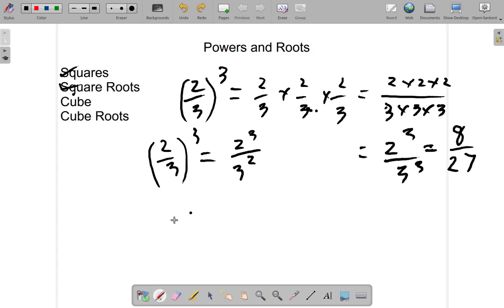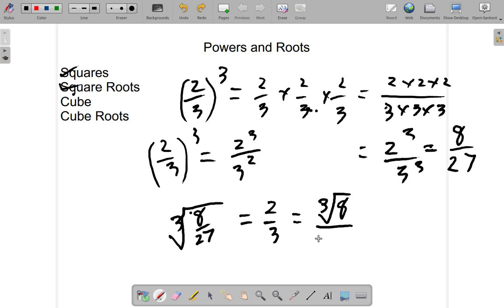Now, suppose we find the cube root of 8 27ths. What this up here suggests is that it is 2/3. Alright? Now, what it means is that you can find the cube root of 8 over the cube root of 27.